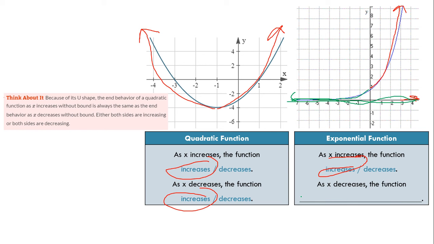So I would say that as x decreases, the function approaches the line y equals 0. You might also see it written as approaches the x-axis. That could be another way to write the same thing in this case.